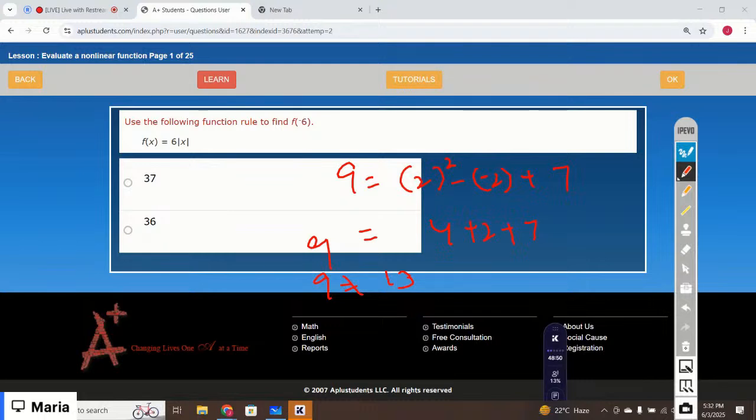So f of negative 6 means replace all the x with negative 6. So that is 6 times the absolute value of negative 6. The absolute value of negative 6 is a positive 6.